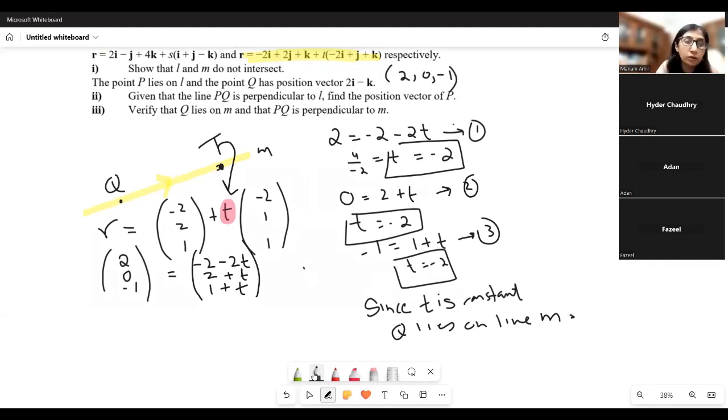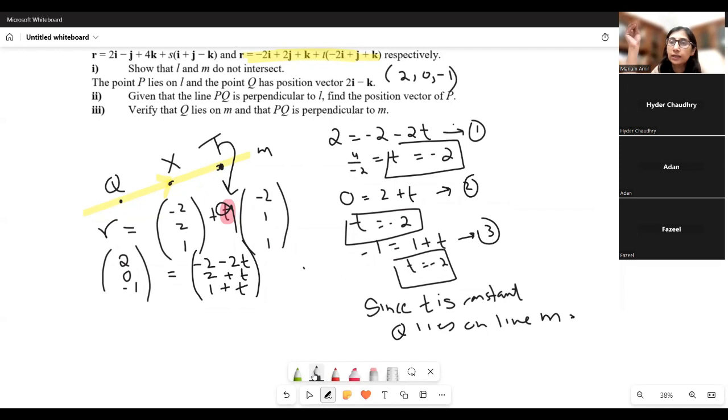Then if there's another point on this line, let's say X. For this X, the T will have one fixed value, for example, 9. And when you substitute 9 here, you'll get 3 coordinates of X. So that is how the equation of vectors work.